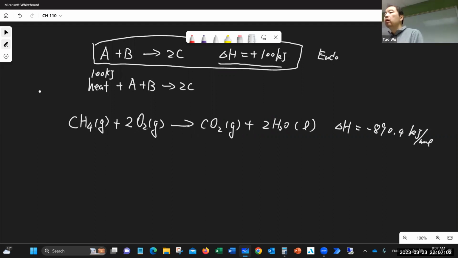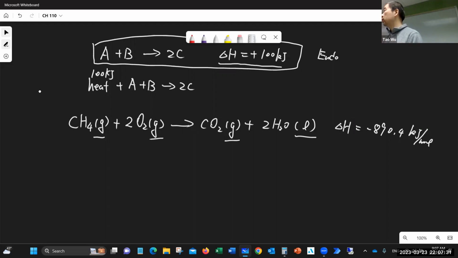So we have the equation and the delta H, and you see this is a negative sign. So definitely this reaction is an exothermic reaction, which makes sense. This is a combustion reaction. And one thing when we talk about thermochemistry, the state is very, very important because different states mean different energy, right?